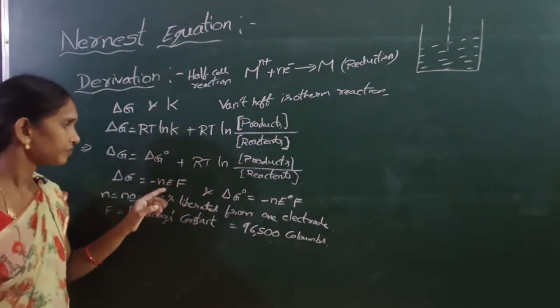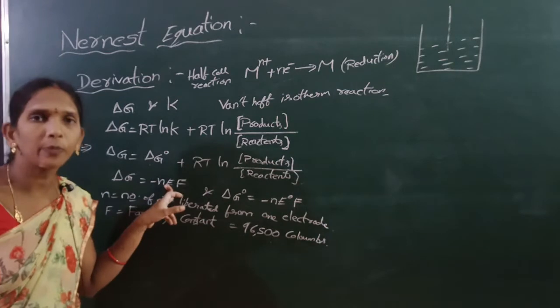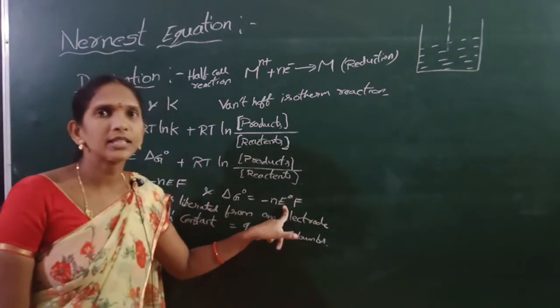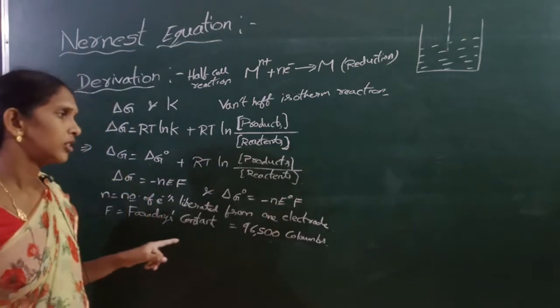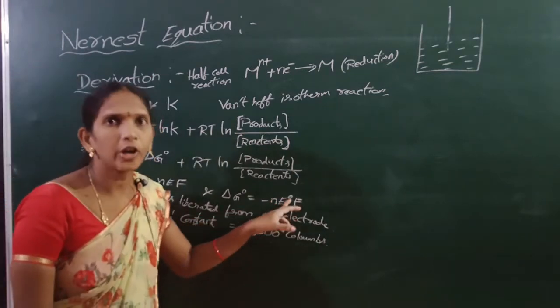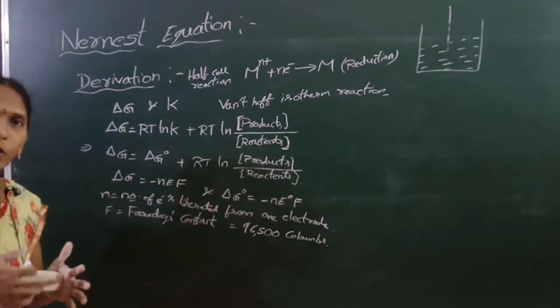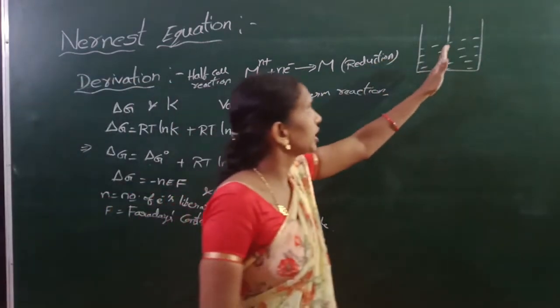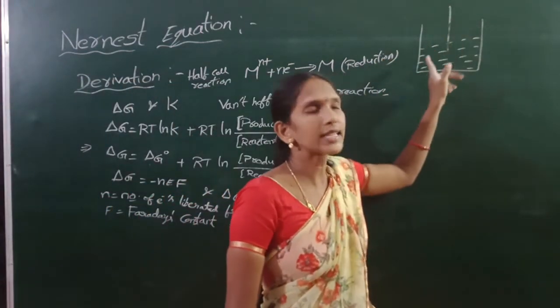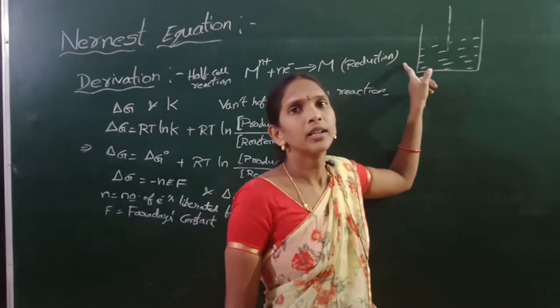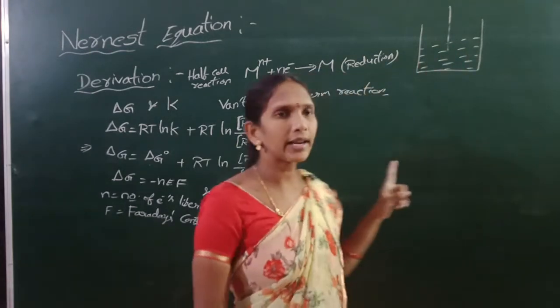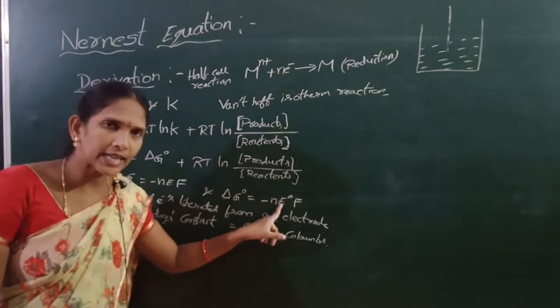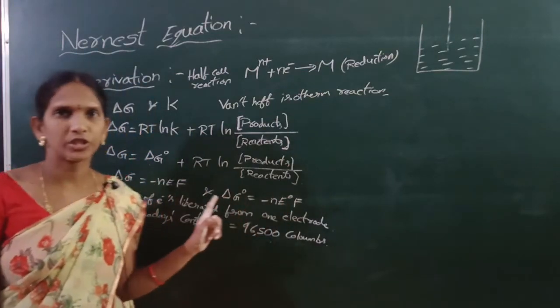E naught means standard electrode potential, which is the potential developed by a metal in contact with a solution of its ions having 1 molar concentration.